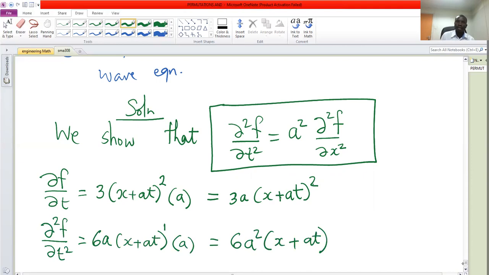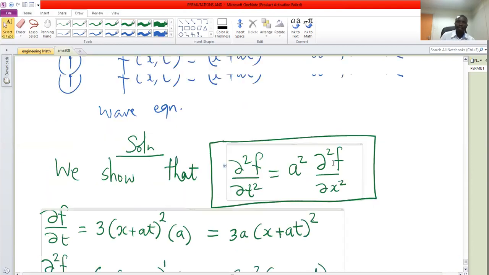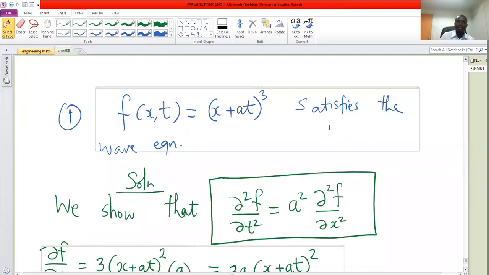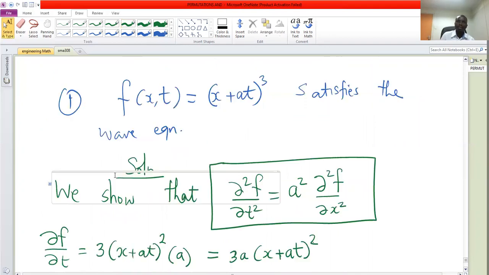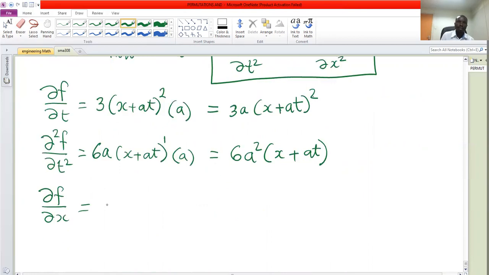Now let's go to the function and differentiate it with respect to x. So we'll have partial f partial x equals, do the same thing. Fix everything here to be u. So you drop, we'll have 3 into (x plus at). Now power reduces by 1, and when you differentiate inside with respect to x, you just get 1. So this will give us 3 into (x plus at) squared.